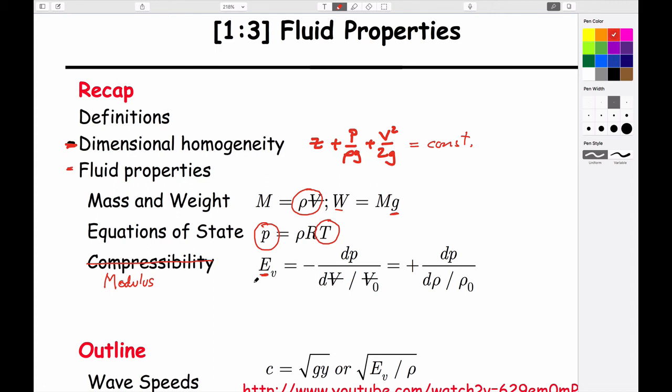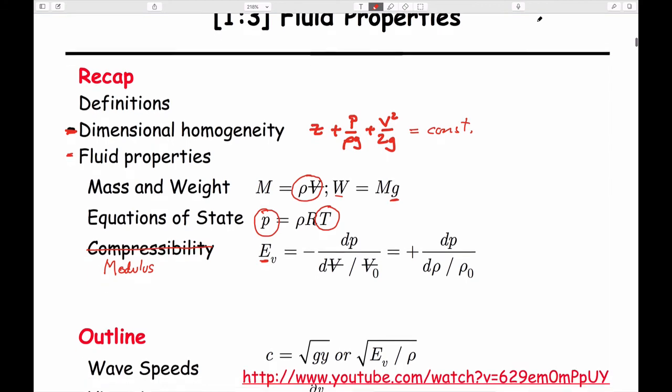If the modulus is stiff, it's like water. You try and compress it, you have to apply big pressure to be able to get a small volume change or a given volume change. If it's a gas inside a balloon, you only have to apply a relatively small pressure to get a relatively small volume change. And we can define it in terms of this, etc. So those are the things that we talked about last time.